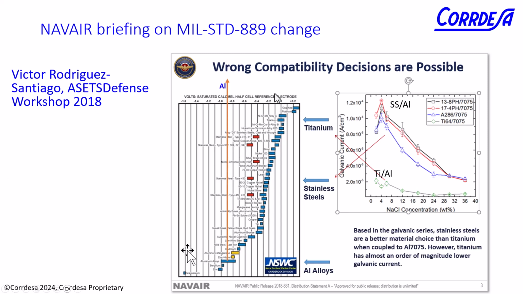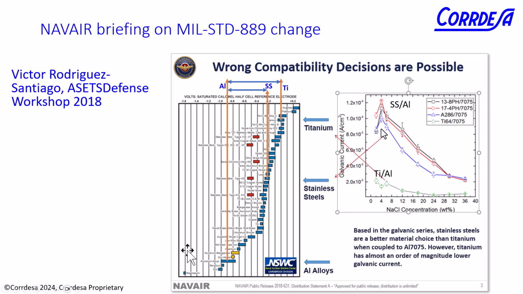So if we were to consider an aluminum structure and think, okay, let's use these stainless steel fasteners, and I were to look on a galvanic chart, I would see that that potential difference is smaller than the potential difference between aluminum and titanium. So the suggestion is, oh yes, let's use stainless steel. That will cause less corrosion.